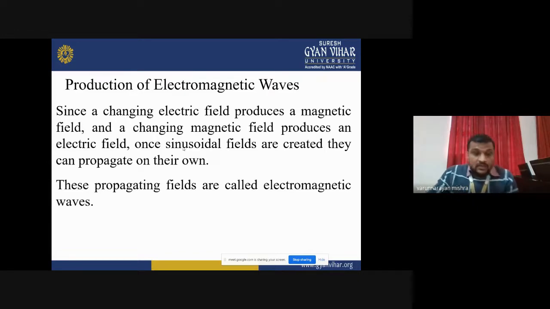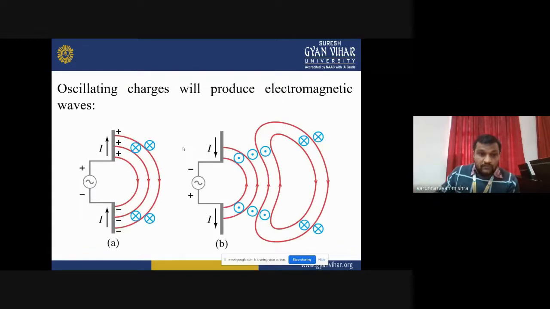Because of these changes, the wave propagates with the speed of light. The electric field, the magnetic field, and the propagation of the wave are perpendicular to each other. That is known as an electromagnetic wave.